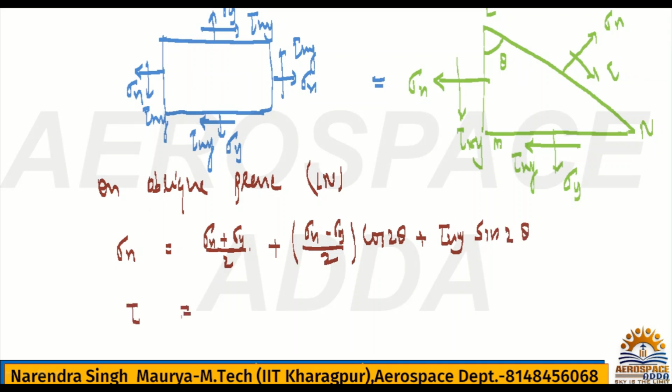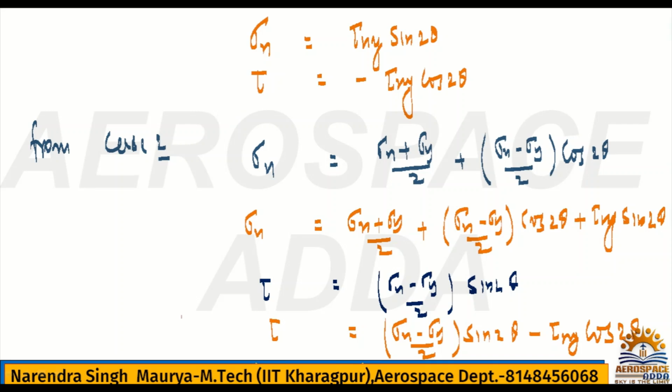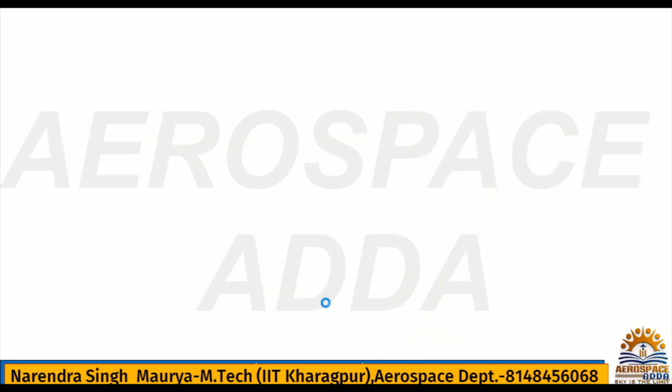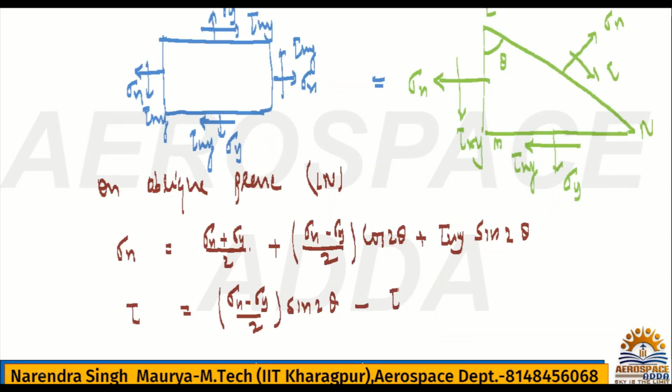Now we'll talk about tau here. In a single shot it will be sigma x minus sigma y by 2 sin 2 theta minus tau xy cos 2 theta.